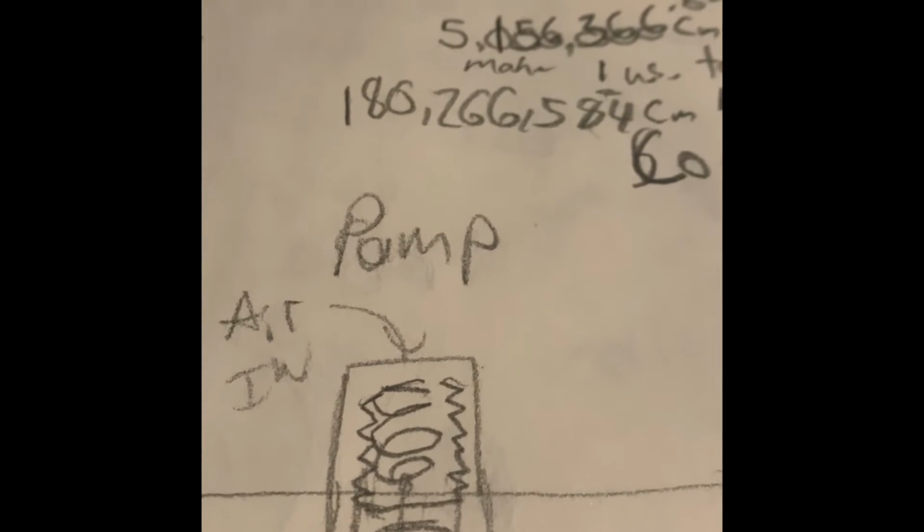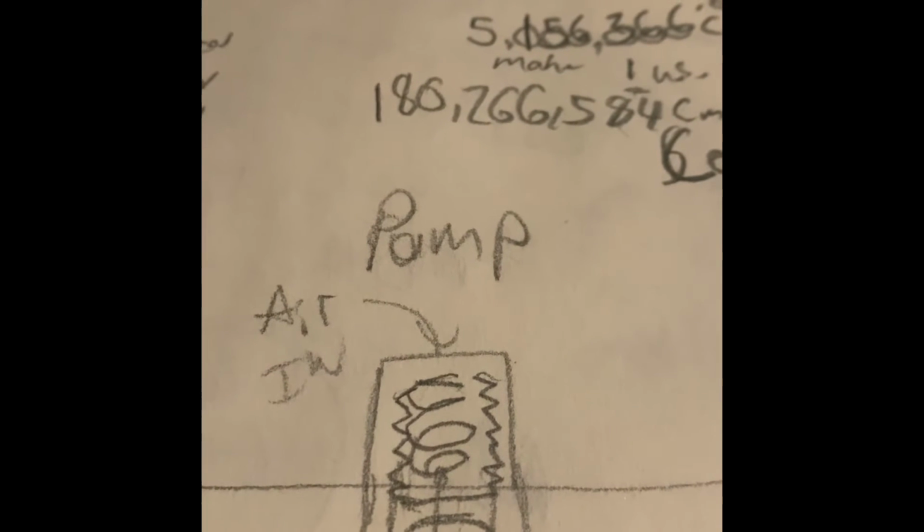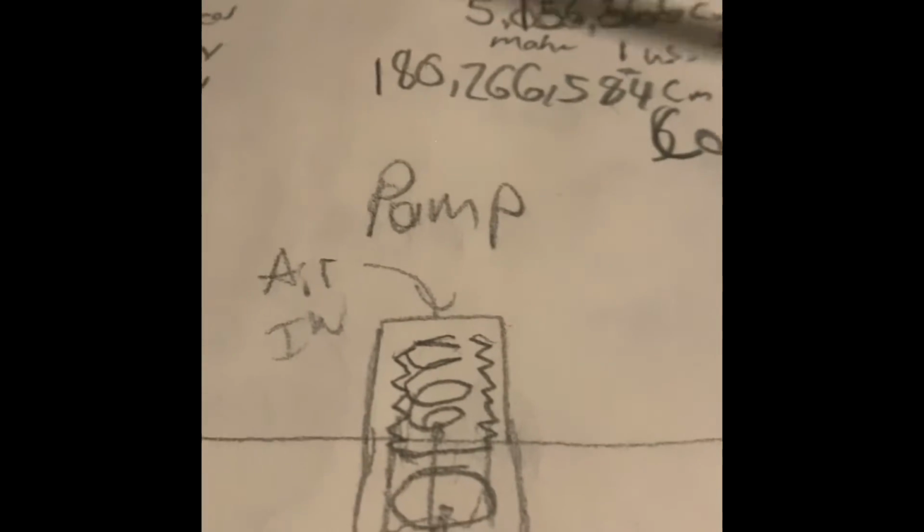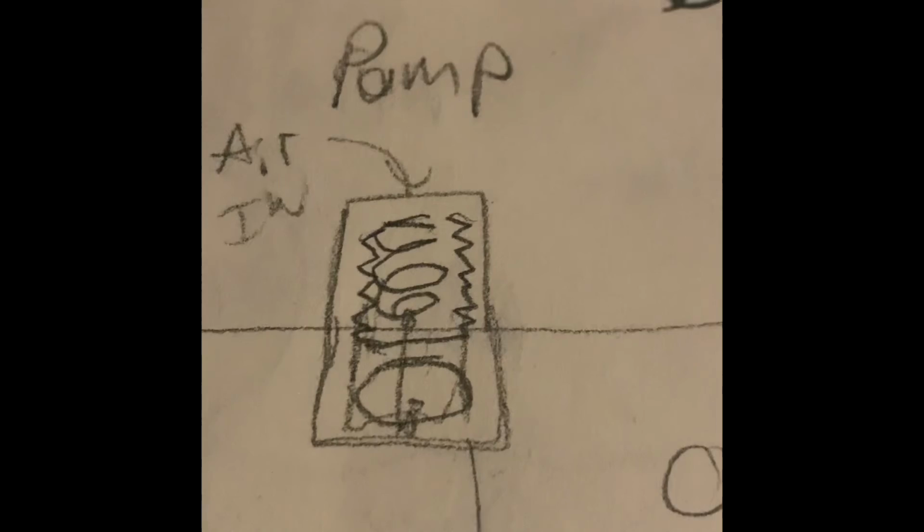So in order to get to a goal of a gigaton of CO2 removal, by filtering the air and turning the CO2 from the air into liquid and separating it from the gases, you would need to filter 180,266,584 cubic meters of air per second in order to end up getting around a gigaton of CO2 emissions out of the atmosphere.